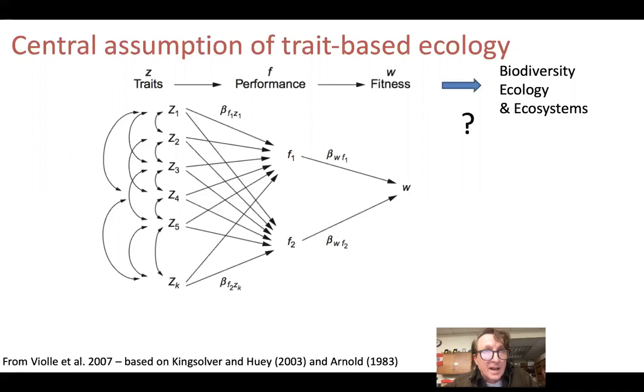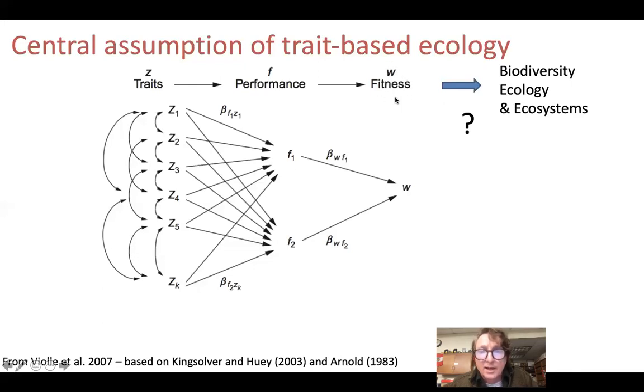If you're talking about animals, it could be how fast a lizard can run, so you can measure sprint speed, for example. It could be a measure of metabolic performance, or your metabolic rate, for example. So traits influence the performance of an organism, but then ultimately the performance of an organism is going to influence its fitness, okay? And remember, fitness is comprised of both survivorship and reproduction, all right?